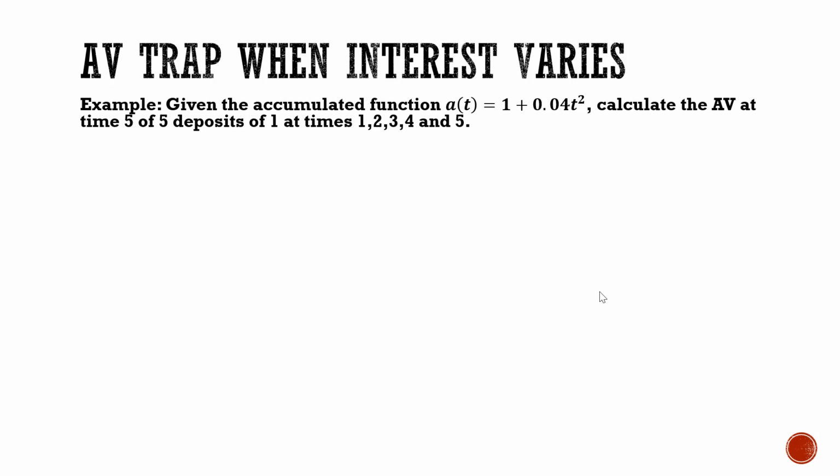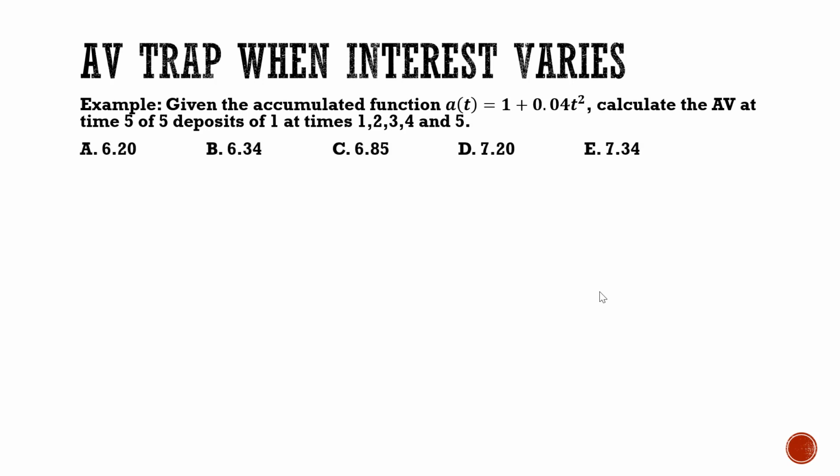Imagine at time 1 you deposit 1, at time 2 another 1, at time 3 another $1, at time 4 another $1, at time 5 the last $1. The question asks to find the accumulated value at time 5.